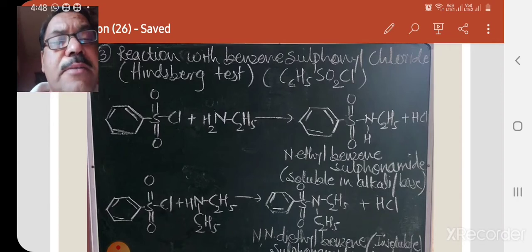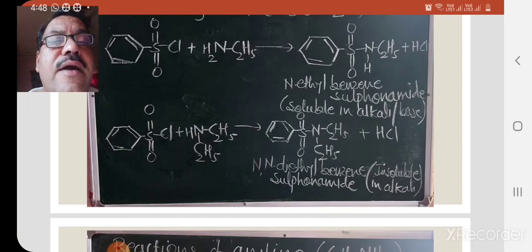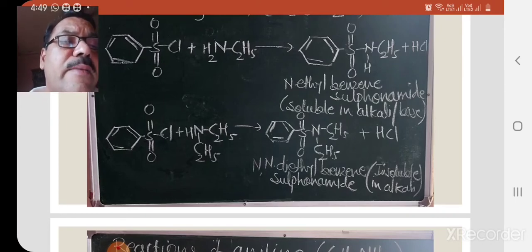But when Hinsberg reagent is reacted with a secondary amine, that is (C2H5)2NH, here also HCl gets removed and the product formed is N,N-diethyl benzene sulfonamide. But the nitrogen in it does not contain a hydrogen atom, therefore it is not acidic in nature, and therefore it is insoluble in a base like NaOH or KOH.